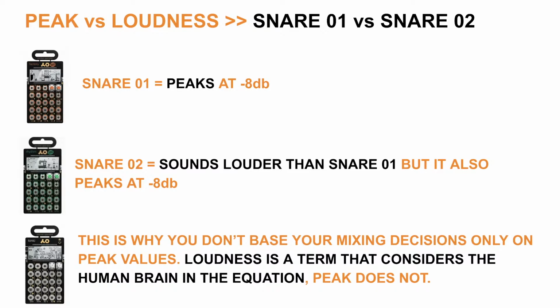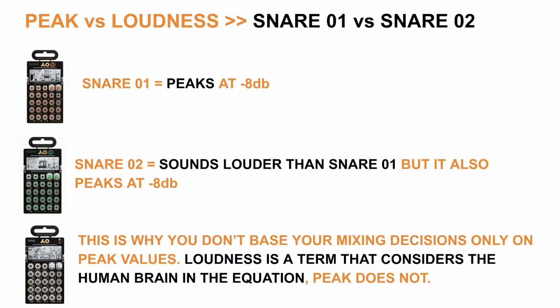Sometimes I give talks outside of MMS, like at a trade show, and I meet a lot of, I don't know how to call them, sound gorillas, people who think they know a lot about sound but don't. And they say, I heard that all snares should be at -8 dB.